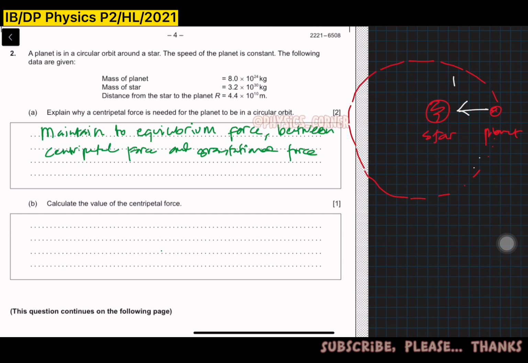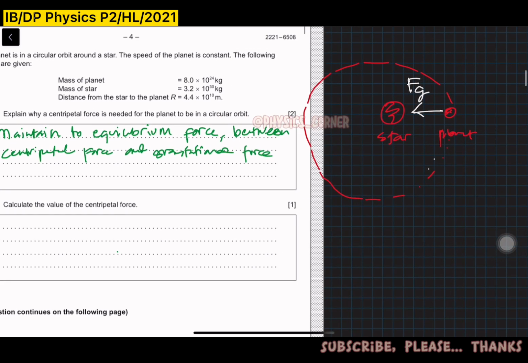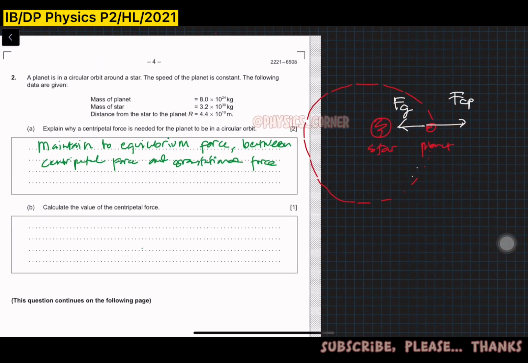This is the gravitational force, and the other one is the centripetal force. So this means centripetal force is needed to make the equilibrium with the gravitational force. So the velocity is constant, the speed is constant. That's it.